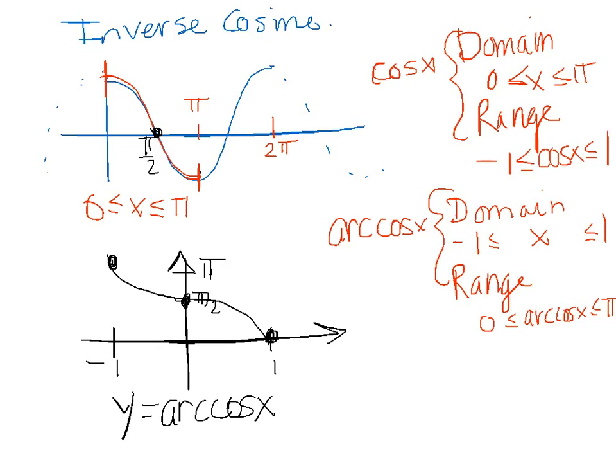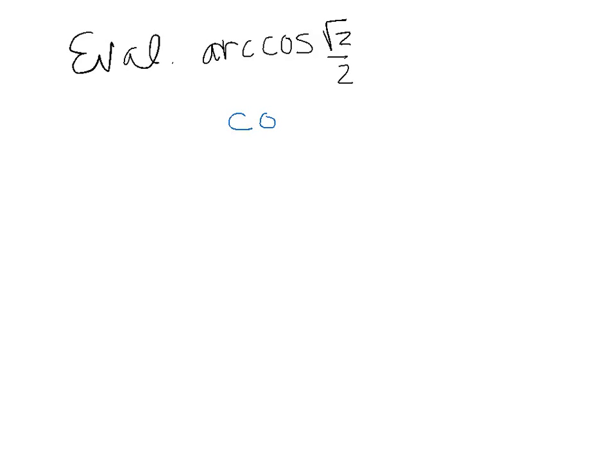Good to go. So we're going to try evaluating some arc cosines. Let's go to the next page. And we're going to evaluate the arc cosine of square root 2 over 2. What I'll do is imagine I'm trying to find the cosine of what angle is equal to square root 2 over 2. That will give me the answer when I can figure out what that theta is.